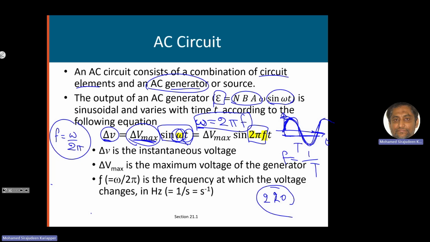If it is designed for 110 volt and you put it in 220 volt, it is going to get more current than the expected value, so it will burn. The other way around, nothing may happen, but it will not work. Suppose you have a 220-volt appliance and you use it in a 110-volt source, it may not work, but it will not burn because the current will be smaller. But if you take a 110-volt designed appliance and put it in 220 volt, it will burn.